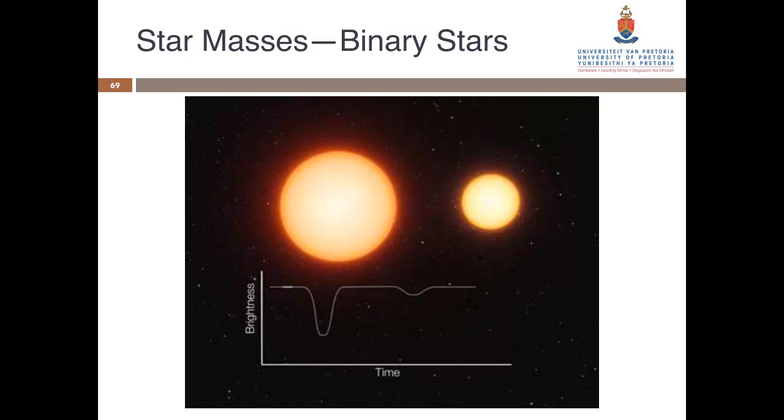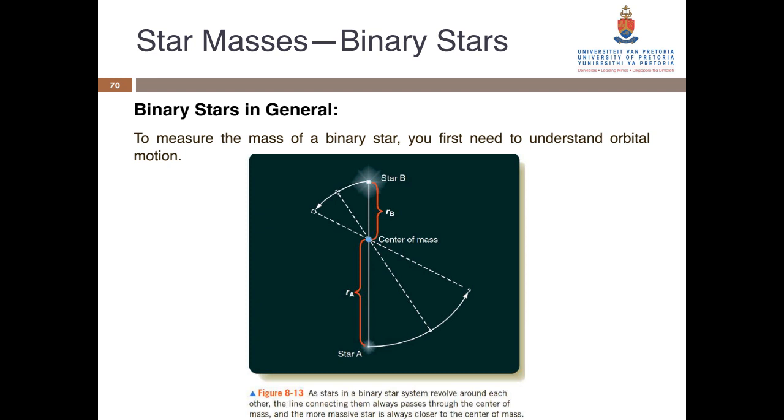So as we discussed, here we have a binary pair. Here we can look at brightness. As the one dips in front of the other one, we can see this is an eclipsing binary. One thing that binary stars are useful for is to determine the mass of the system.